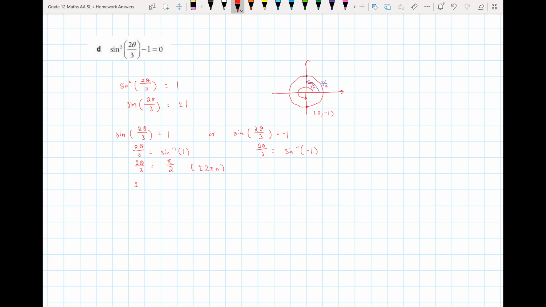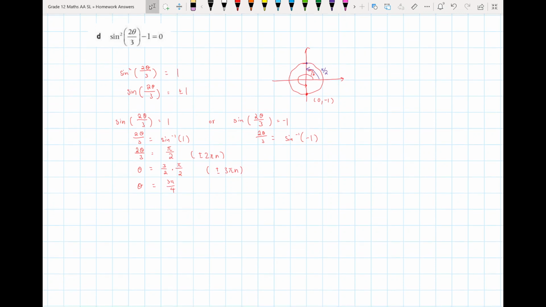We are going to multiply everything by the reciprocal. So we can multiply this by 3 over 2 to cancel out the coefficient on the left. And likewise, if I multiply this by 3 over 2, it becomes 3 pi n. If you notice, I cannot subtract 3 pi because it will be negative. And if I add 3 pi, it's way bigger than 2 pi, right?